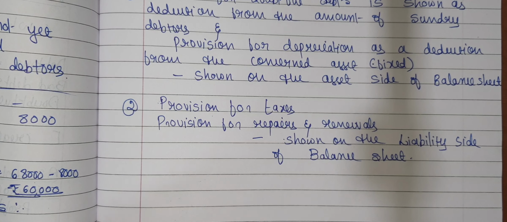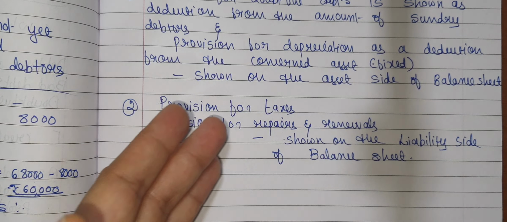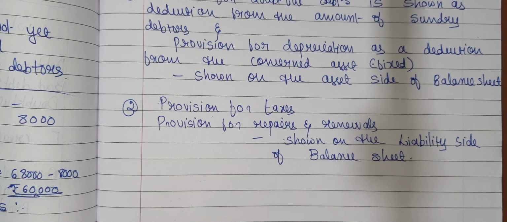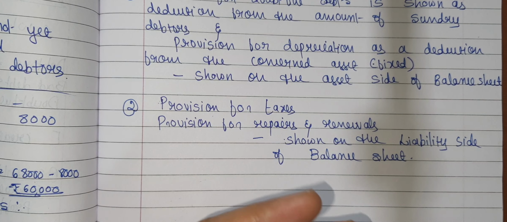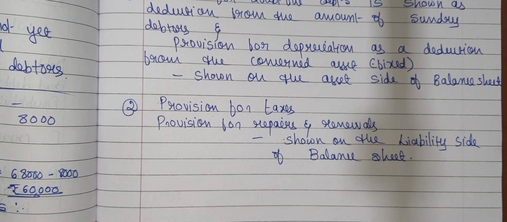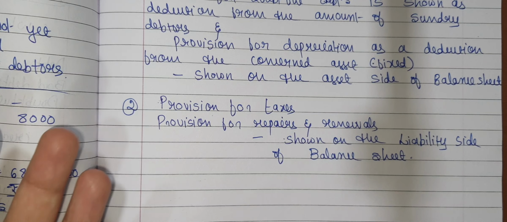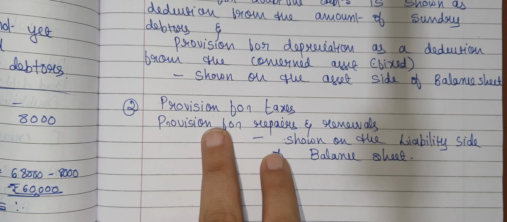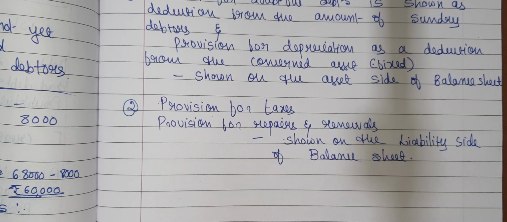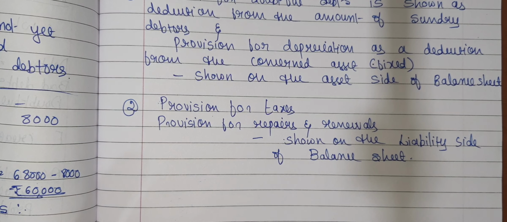Why? For example, provision for taxes is the amount to be paid to tax authorities in the future. The company is going to pay the tax to the authorities in the future. And provision for repairs and renewals means an amount set aside for future repairs.